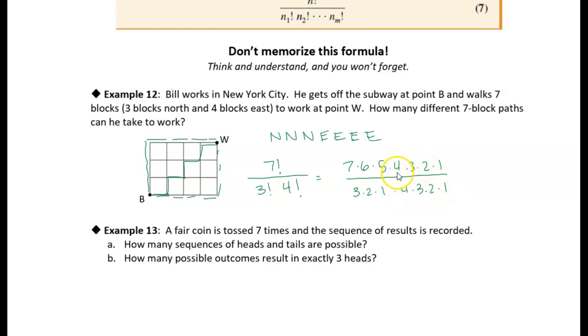Now you can see here that all this cancels, right? And then 3 times 2 times 1 is 6. So all we're left with is 7 times 5, which is 35 paths. Okay, so he has 35 ways to get from the subway station to his work.